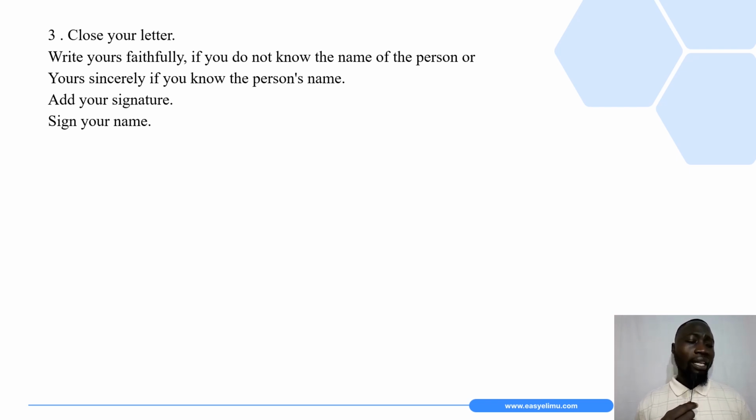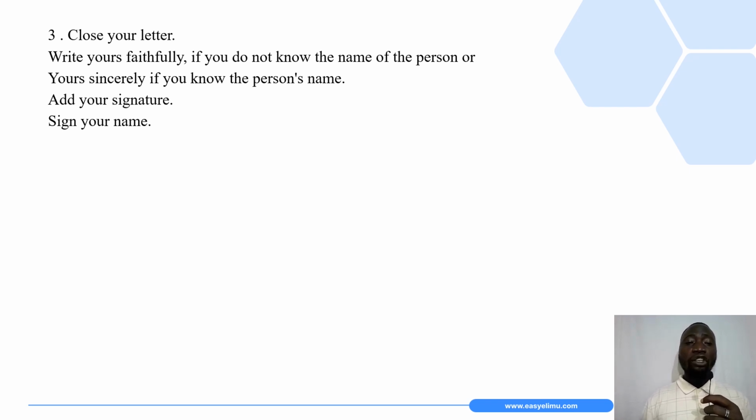So on to the next, that is step number 3. That is now, apart from the body, we have got the closing. So when closing your letter, dear students, under the closing remarks, you are advised to write yours faithfully if you do not know the name of the person. And I'm repeating, write yours faithfully if you do not know the name of the person.